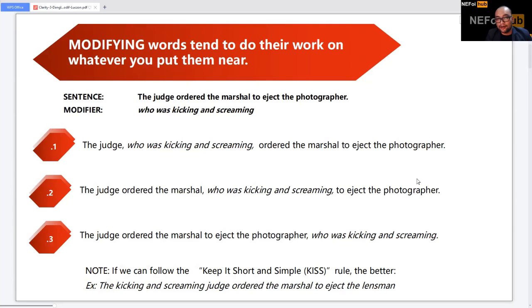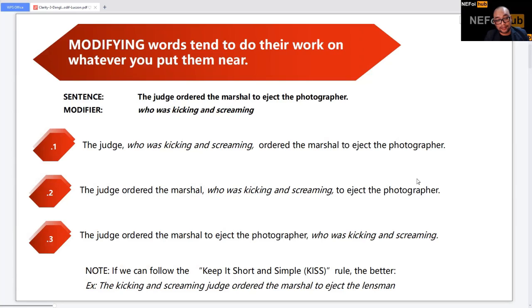Of course, we already know that as much as possible when we write, especially in legal forms, we should be able to clarify. Our sentences should be clear, and as much as possible, short but simple and understandable.